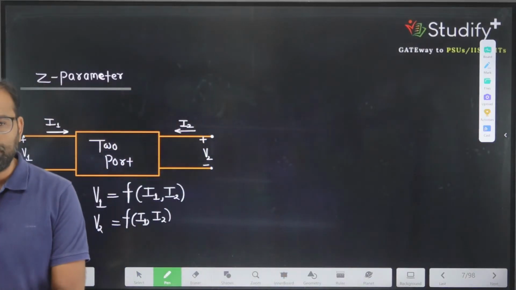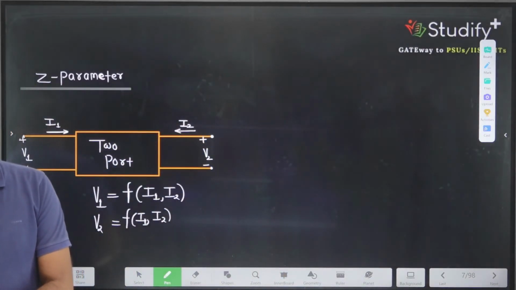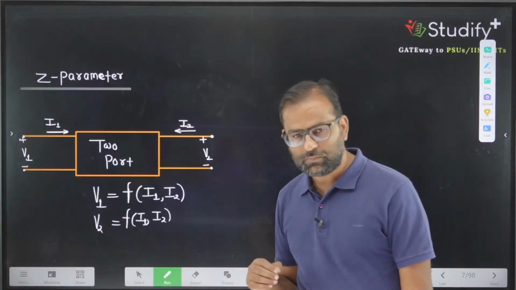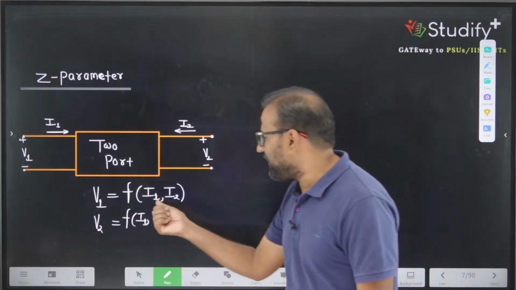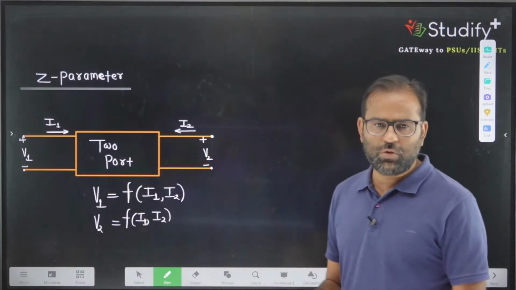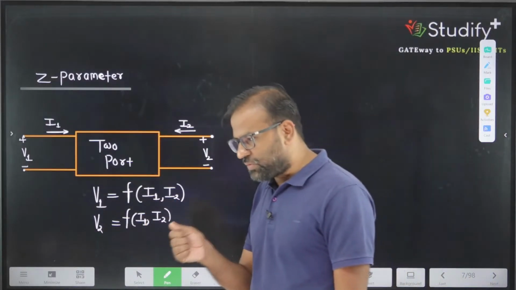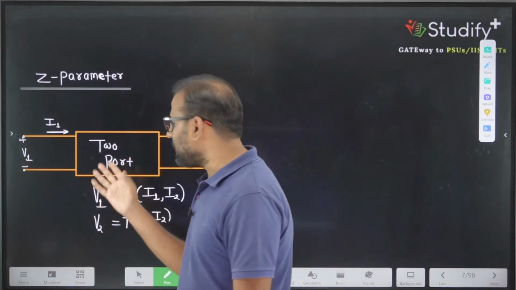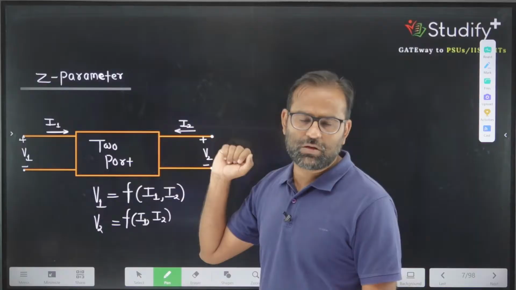What is the meaning of independent and dependent variable? The meaning is very simple. A user can select the value of I1 and I2. So these are independent variable because user can control it, and V1 and V2 is the result because this is applied to the two port, maybe BJT, MOSFET or transmission line.